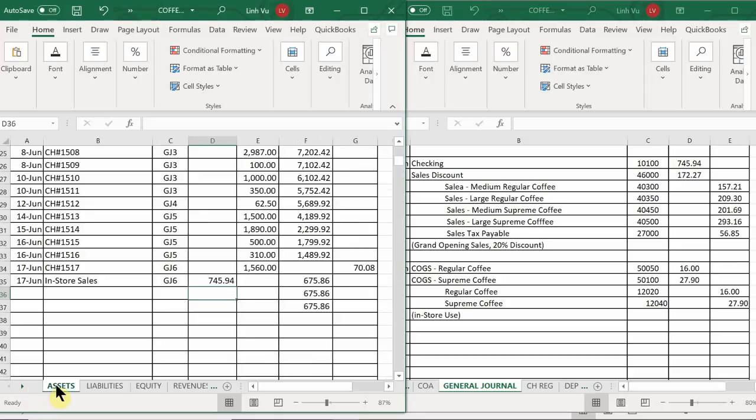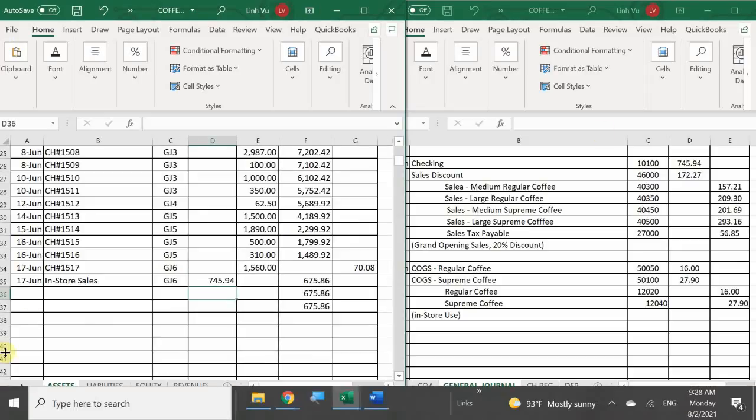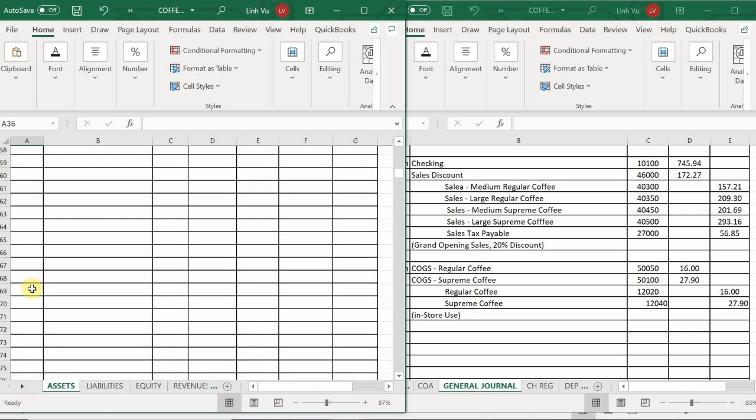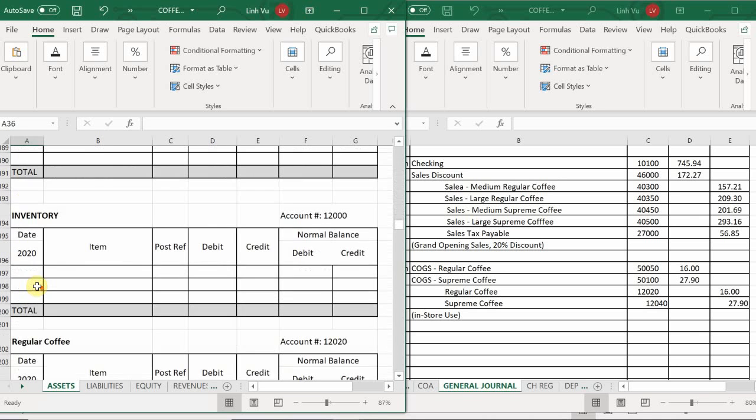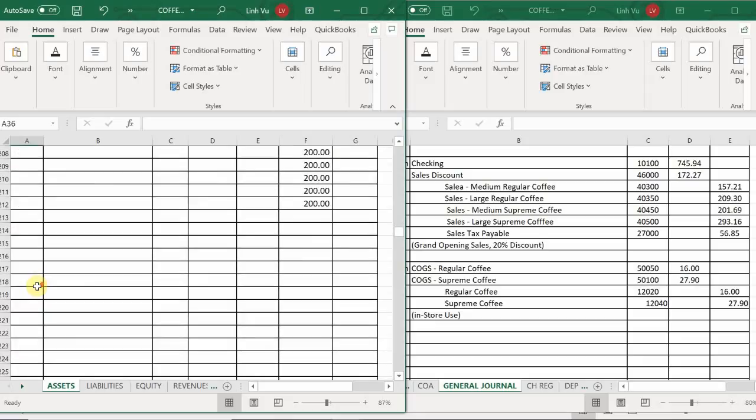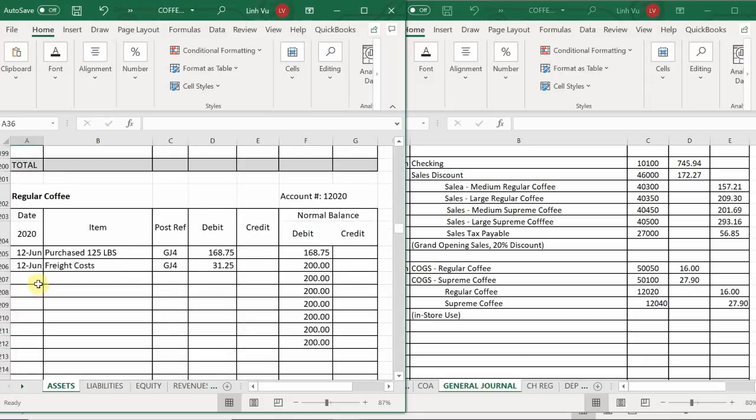Now I have to physically update my inventory. Okay. So I'm going to go find my inventory account. Okay, so my regular coffee, here it is. Right. I'm going to make a note here that I used 10 pounds.